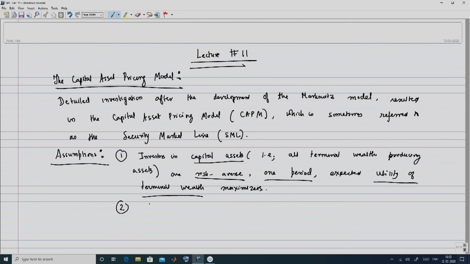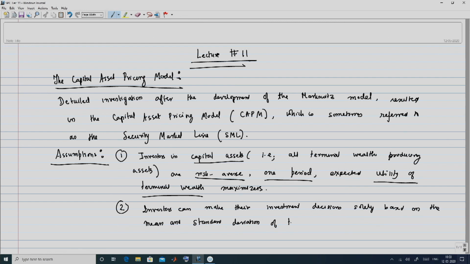Now, the second assumption is that investors can make their investment decisions solely based on the mean and standard deviation of terminal wealth associated with the alternative portfolios.